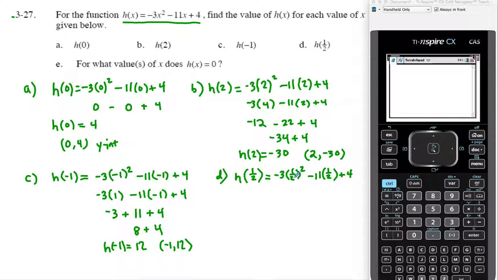So 1/2 times 1/2 is going to give us 1/4. So we have -3 times 1/4. We have a -11 times 1/2, which would be equal to -11/2. And then plus 4. -3 times 1/4 would give us -3/4.